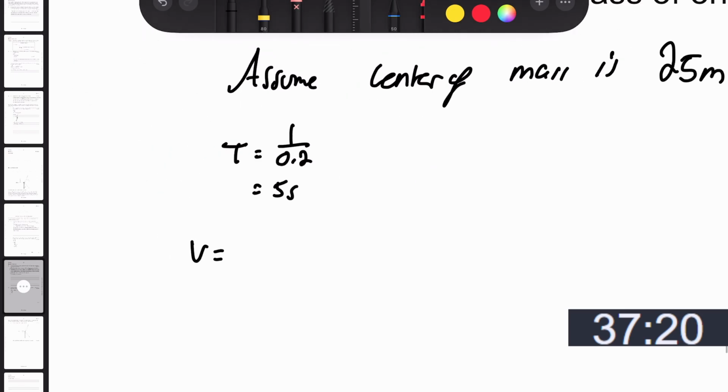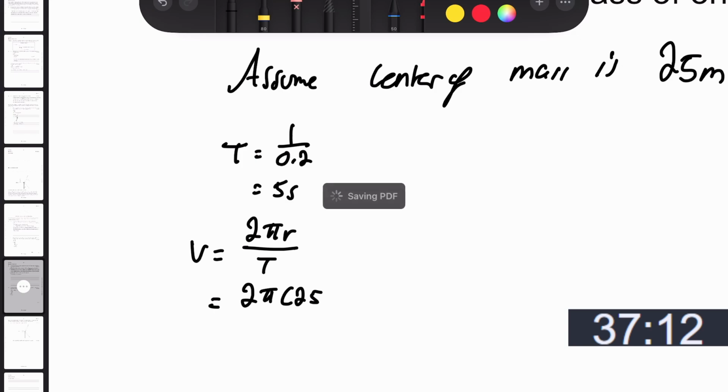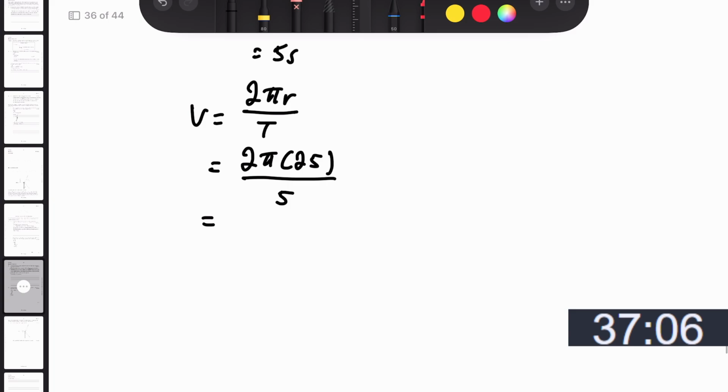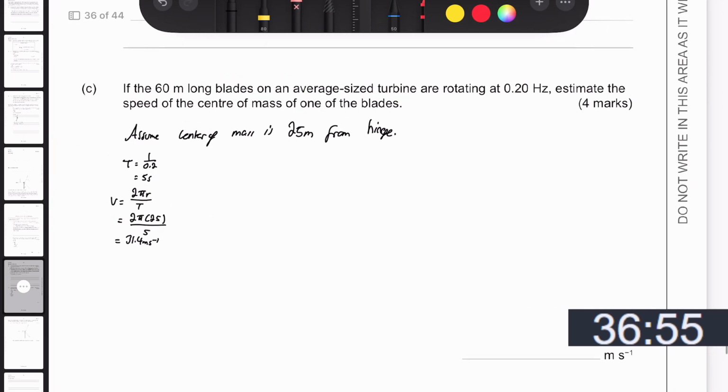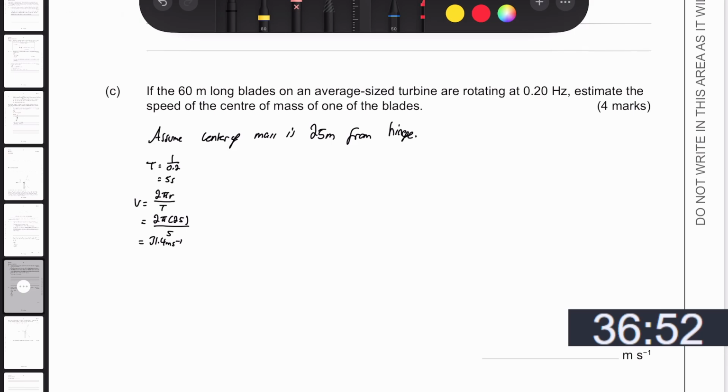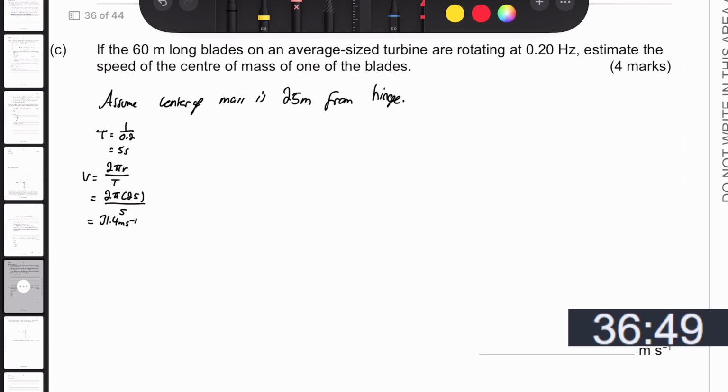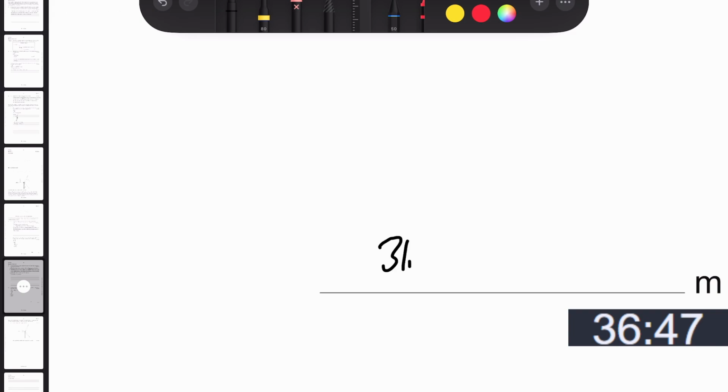Then velocity is 2 pi r over time, which is 2 pi times 25 all over 5, so that's going to be 10 pi, so 31.4 meters per second. That's the speed of the center of mass of one of the blades. Yep.